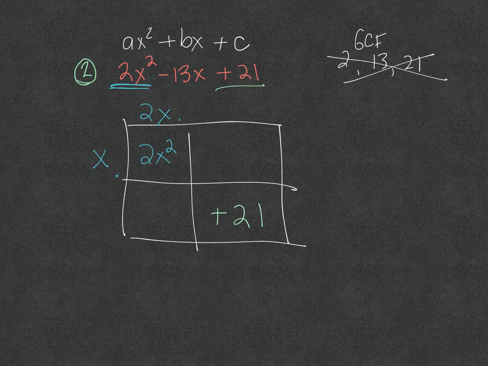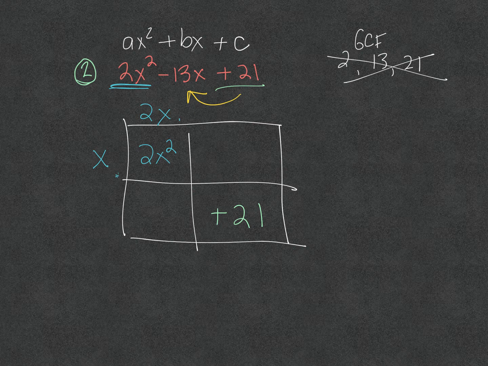And so I know that I get a positive by multiplying two positives or two negatives together. And so when I look right here, I can see that I have a negative 13, and that tells me that I'm looking for factors that are negative that multiply to a positive 21, and that combine to a negative 13.